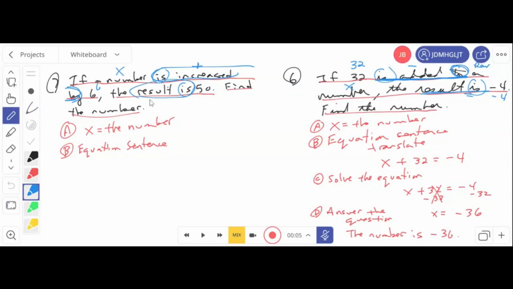The result is goes together, meaning equals 50. So there is no reverse word in this particular problem. So we have x plus 6 equals 50. Okay, and so we did our translation. Now we solve.